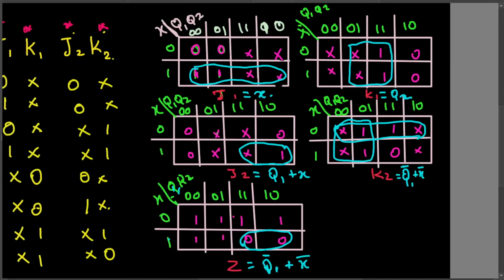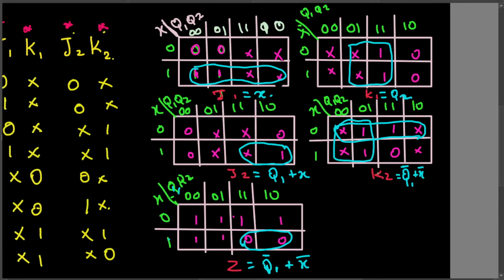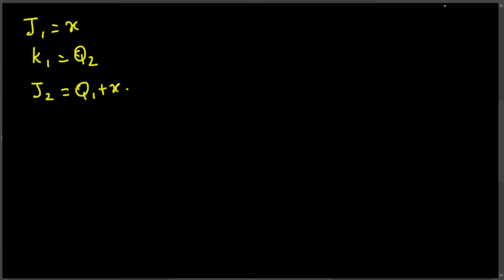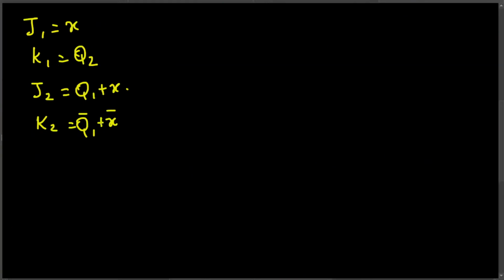And then we found out J2 is equal to Q1 plus X. And we found out K2 is equal to Q1 naught plus X naught. And then we found out Z is equal to Q1 naught plus X naught.